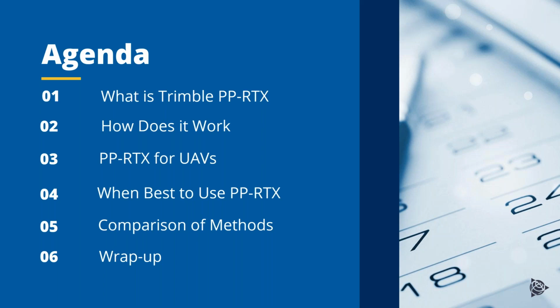What are the scenarios out there that can really take advantage of this technology when you're doing UAV survey and mapping? There are some cases where PP-RTX stands out exceptionally, and we'll take a look at those. Of course, you can use it for many different types of UAV survey and mapping missions for your corrections. We'll look at some comparative methods, walking through some examples, and then we'll wrap up with questions at the end.